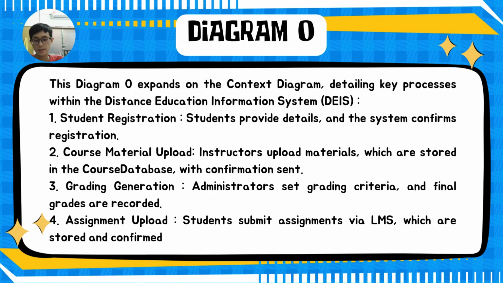The third one is grade generation: administrators send grading criteria and final grades are recorded. The fourth one is assignment upload: students submit assignments via LMS, which are stored and confirmed.